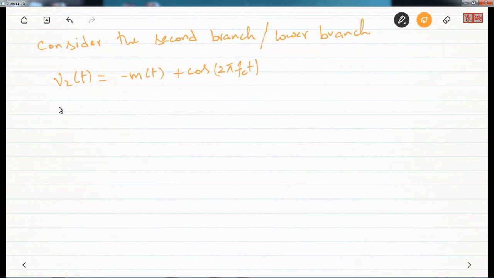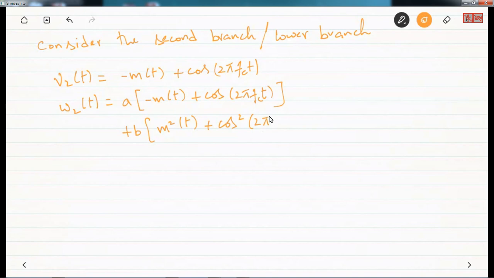So this is a into minus m of t plus cos 2 pi fct, plus b into m square of t plus cos square 2 pi fct minus 2 m of t cos 2 pi fct, right? Now we have w1 of t.